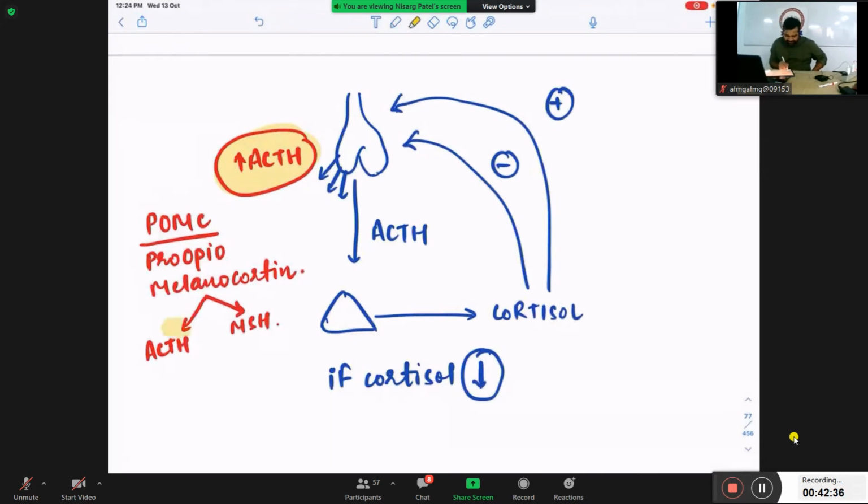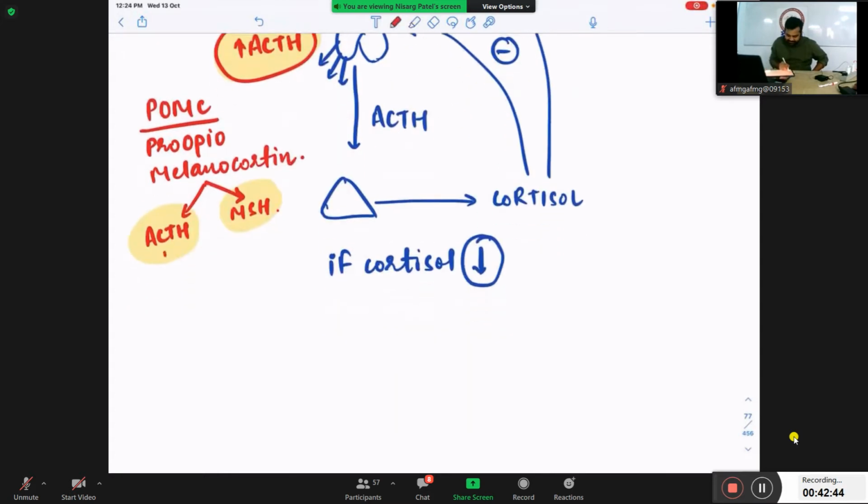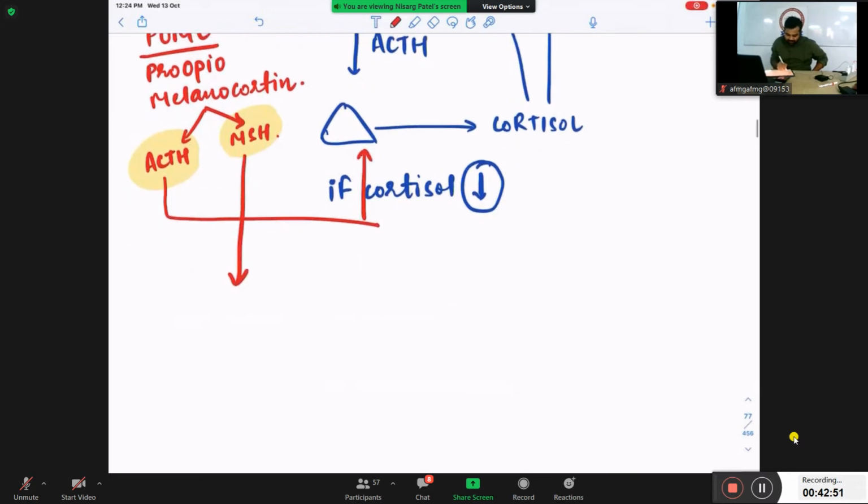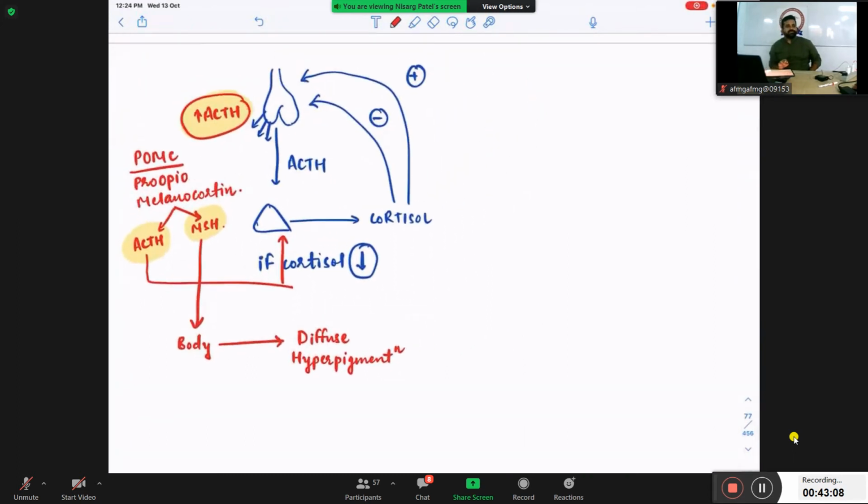By forming the ACTH, there is also a byproduct which is MSH. So this ACTH will try to stimulate my adrenal gland, but this increased MSH will go into the body, and what will it cause? It will cause diffuse hyperpigmentation. Clear?